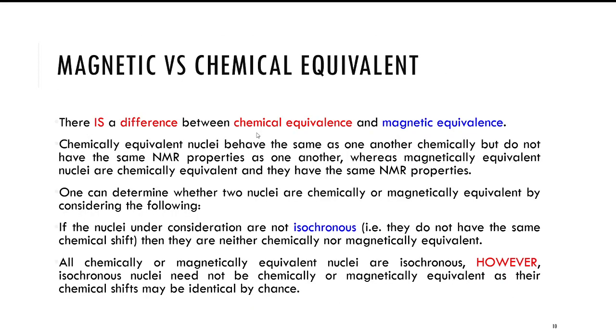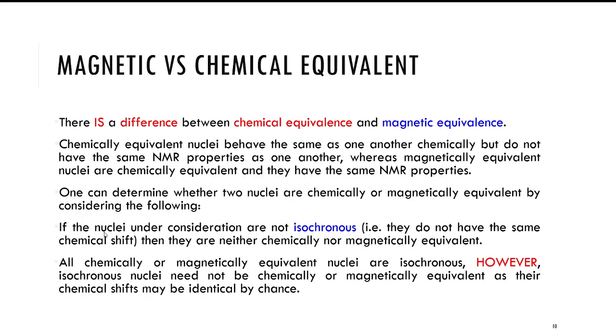There is a difference between chemical equivalence and magnetic equivalence. Chemically equivalent nuclei behave the same as one another chemically, but they do not have the same NMR properties as one another. Whereas magnetically equivalent nuclei are chemically equivalent and they have the same NMR properties.